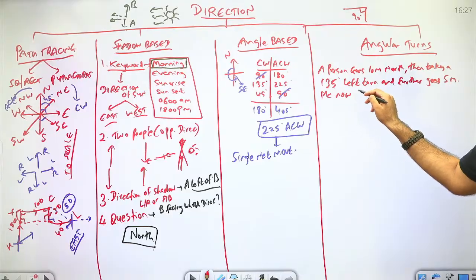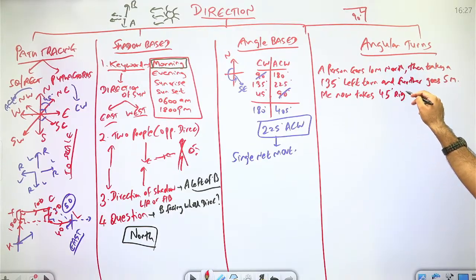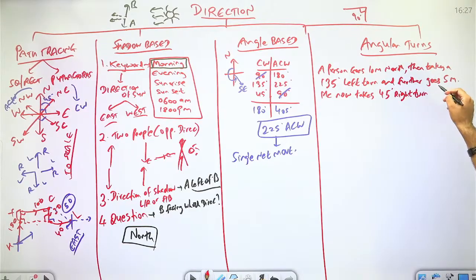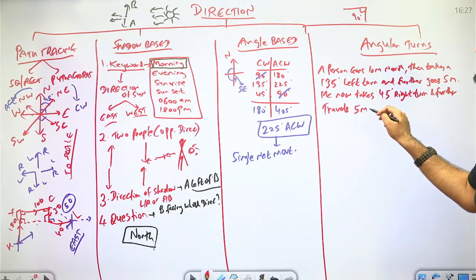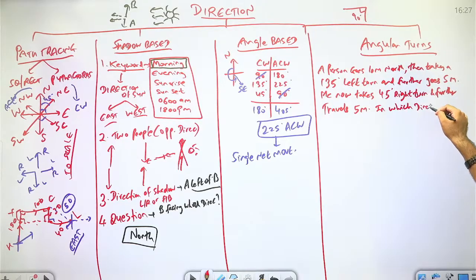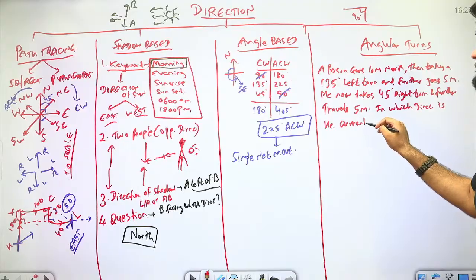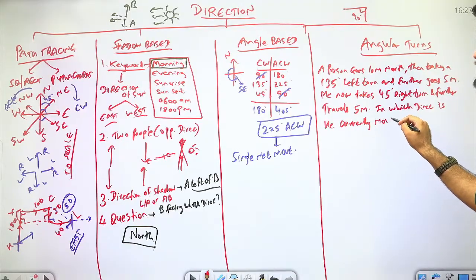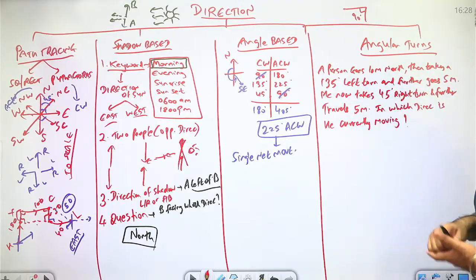He now takes 45-degree right turn and further travels 5 meters. In which direction is he currently moving? Simple question, very easy question, just for you to understand the angular terms.